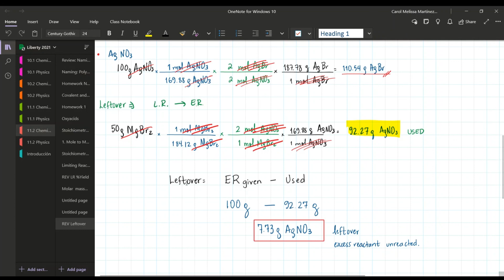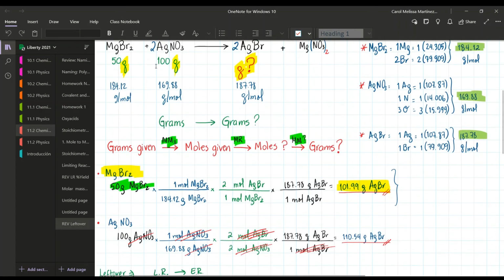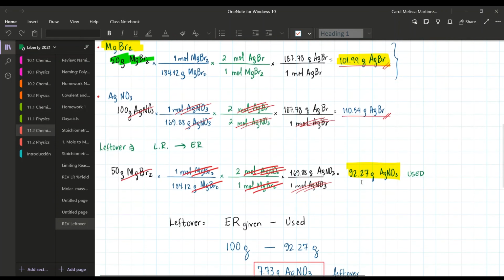So the leftover, the calculation is very simple. It is what you have in the beginning subtracted with what you use in the reaction. The process that we did before is how to calculate what we use of the excess reactant. So out of the 100 grams that the problem gave us, the reaction only took 92 grams.